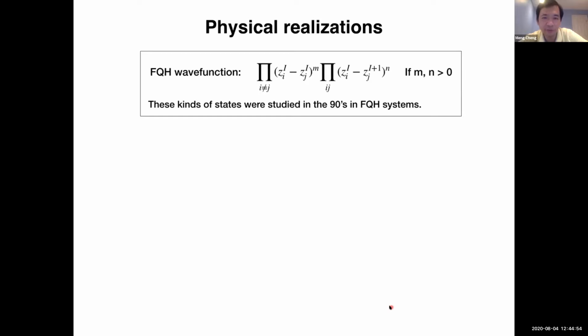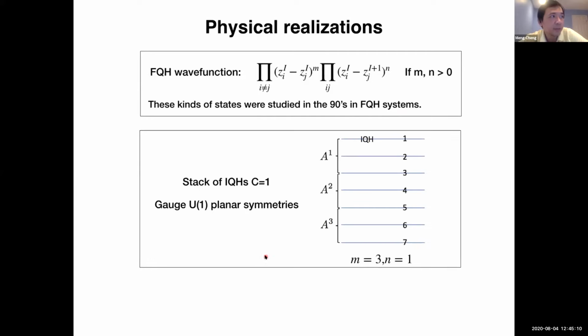For certain m and n, when they're both positive, we can write down a fractional quantum Hall wave function to realize this infinite component Chern-Simons theory. And this was actually studied in the 90s in multi-layer quantum Hall systems. I can also write down more explicit lattice models starting from a stack of integer quantum Hall states and then gauge certain U(1) symmetries that only couple to some of these integer quantum Hall layers in the right way.